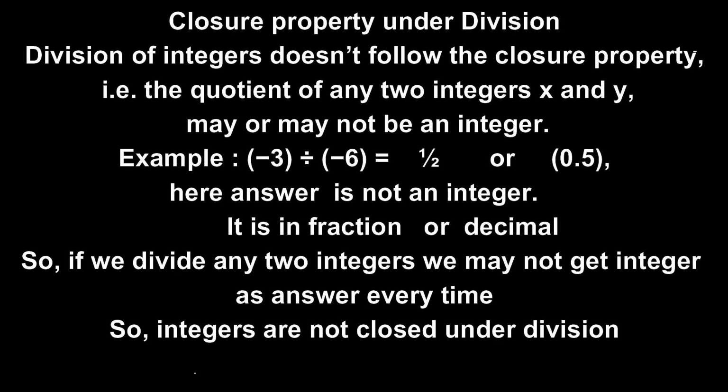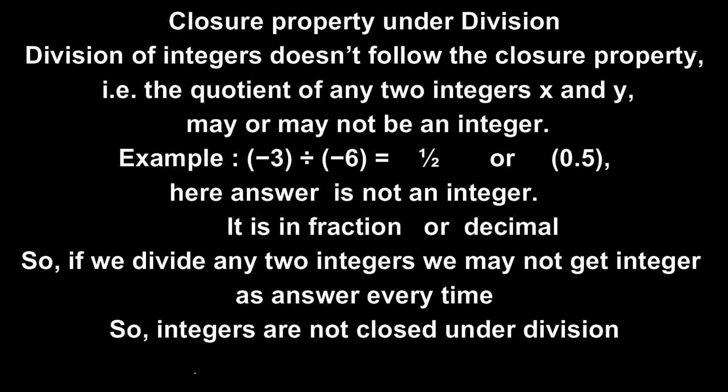There may be possibilities of fractions and decimals when you are doing divisions with different integers. So integers are not closed under division. Make this very clear in your mind that addition, subtraction and multiplication come under closure property and division does not come under closure property.